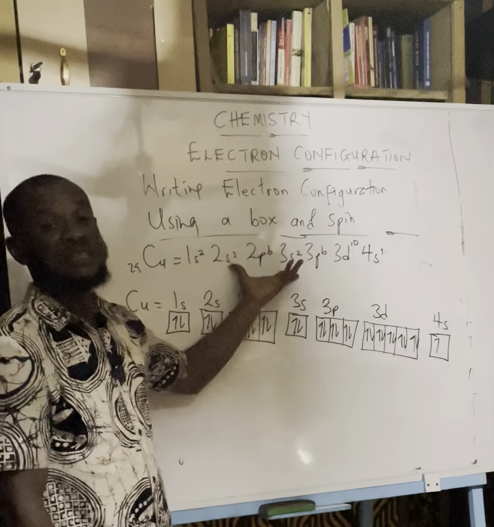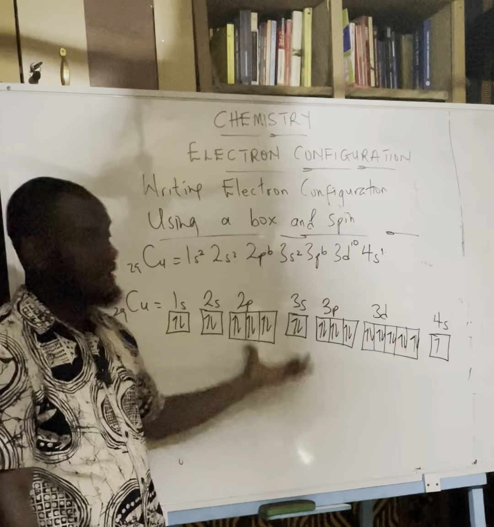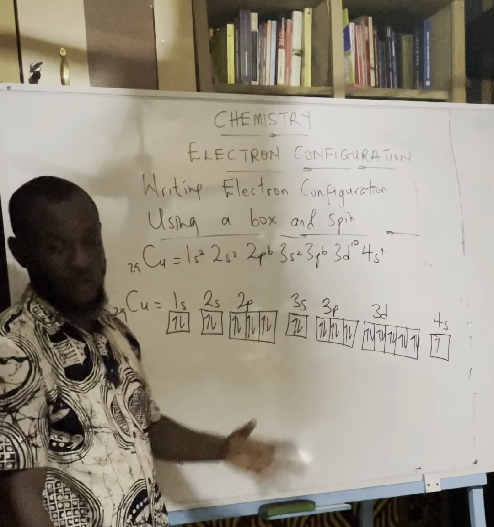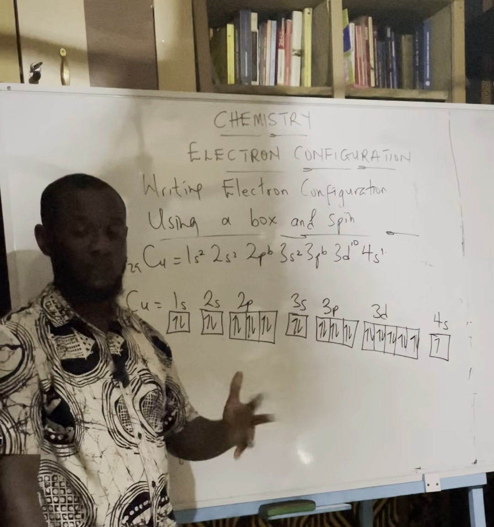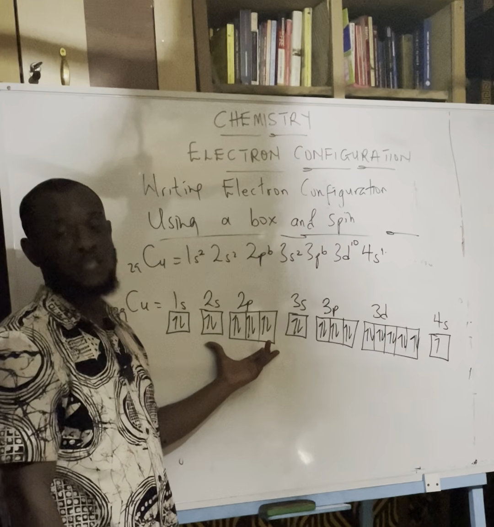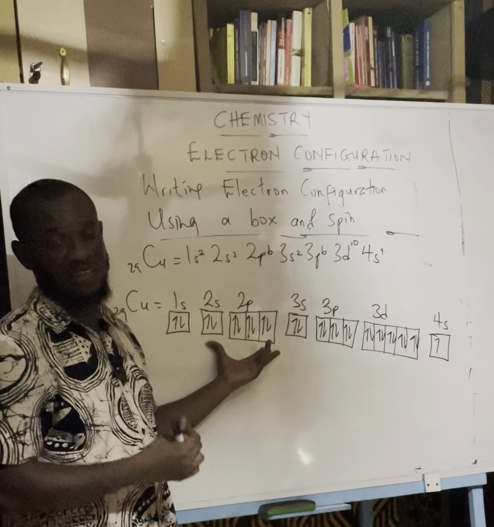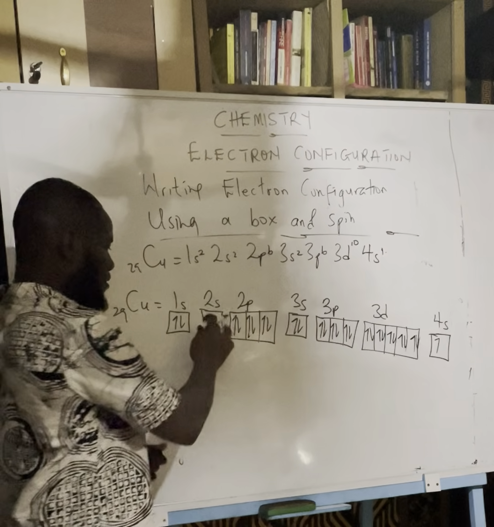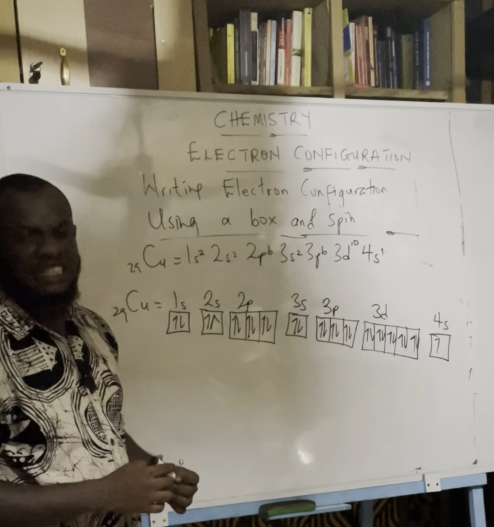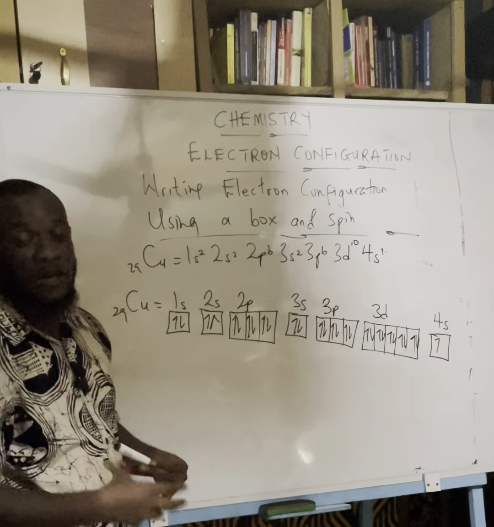So you are just translating the idea here. But now in this place, you are not going to use digits, but you are going to use boxes and spins to represent them. Now take note, the spins must always face opposite directions, like I told you. Whenever you see spins facing the same direction, for example this, it implies that you have violated a law.